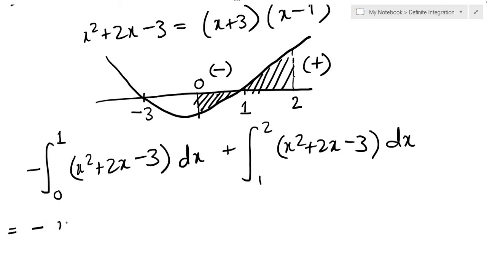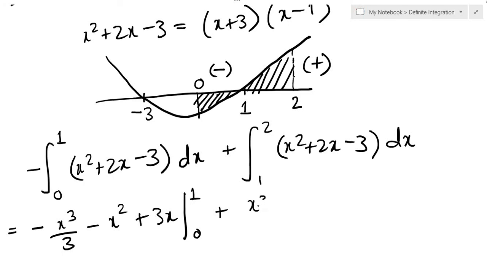Integral of x squared is x cubed by 3, don't forget the negative sign, minus x squared plus 3x, but now we have our bounds from 0 to 1, plus x cubed by 3 plus x squared minus 3x.